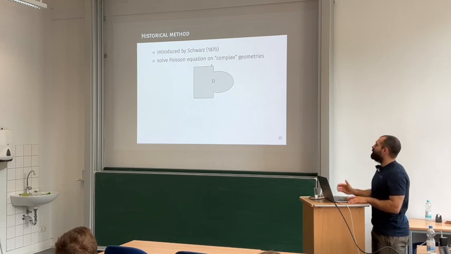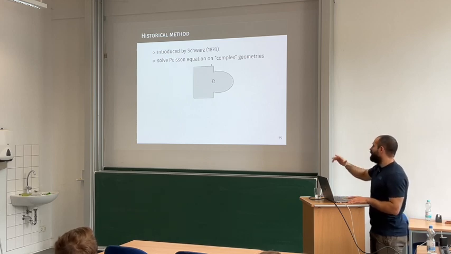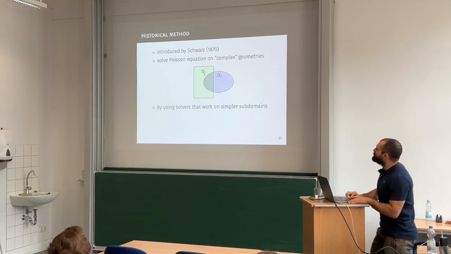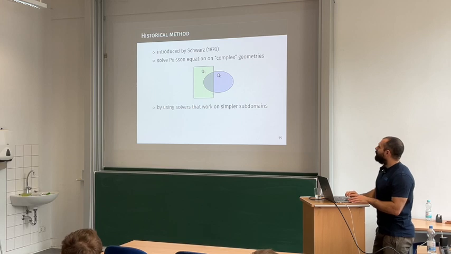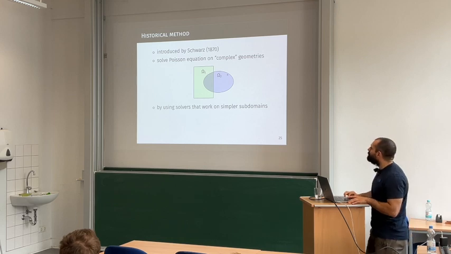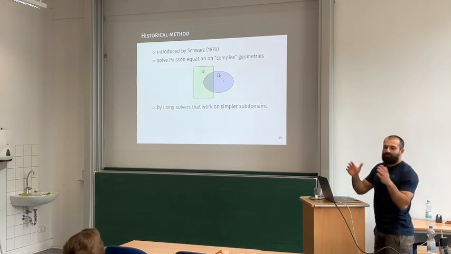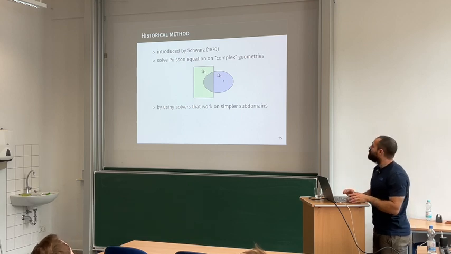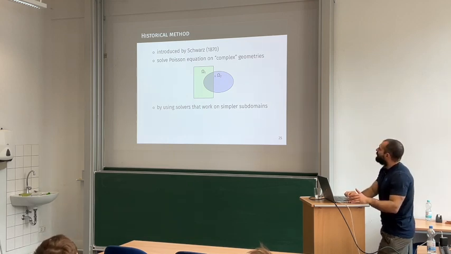And so the idea of Schwarz back then, of course there was no computer, there was no finite element method, was basically to solve the Poisson equation on the weird domain by decomposing it into two easier domains, a rectangle and an ellipse, then apply a Fourier transform on each domain and come up with an iterative scheme for solving such a problem.